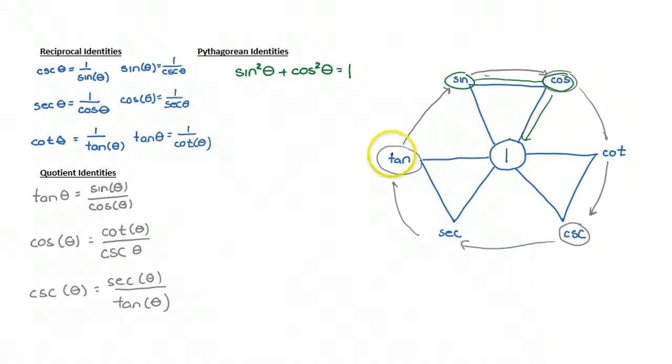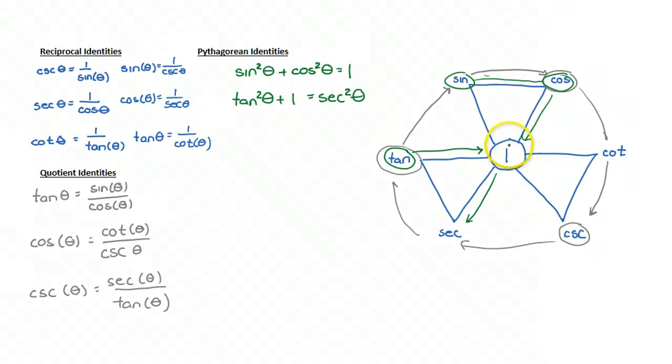And we can work here as well. Tan squared theta plus 1 squared is secant theta. So we often say tan squared theta plus 1 equals secant squared theta. And our last one here, 1 plus cotangent squared theta equals cosecant squared theta.